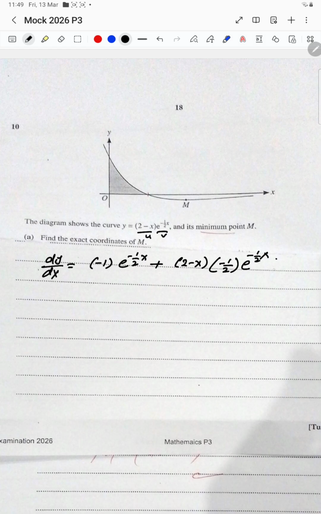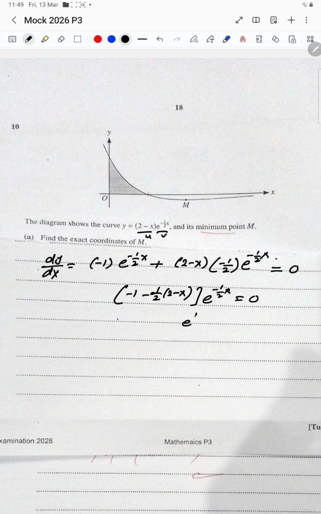So when I put this equal to 0 for the minimum point, e power minus 1 by 2x is common. I will add minus 1 minus 1 by 2 times 2 minus x. It will give me equal to 0.